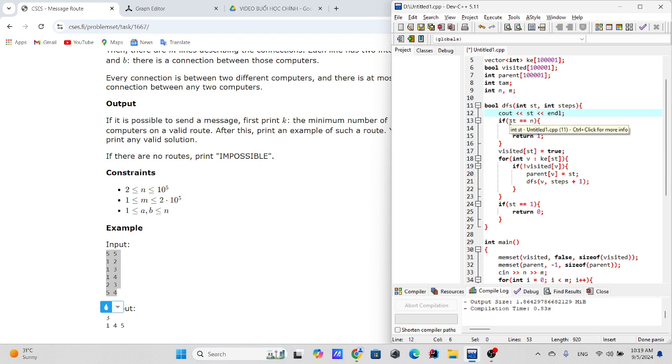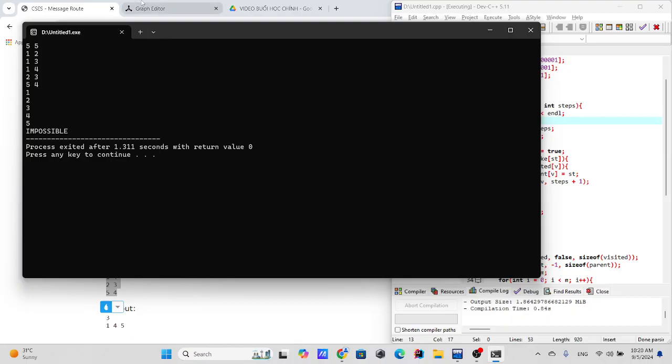ST is equal to N. If ST is equal to N, which it is, right? Yeah.